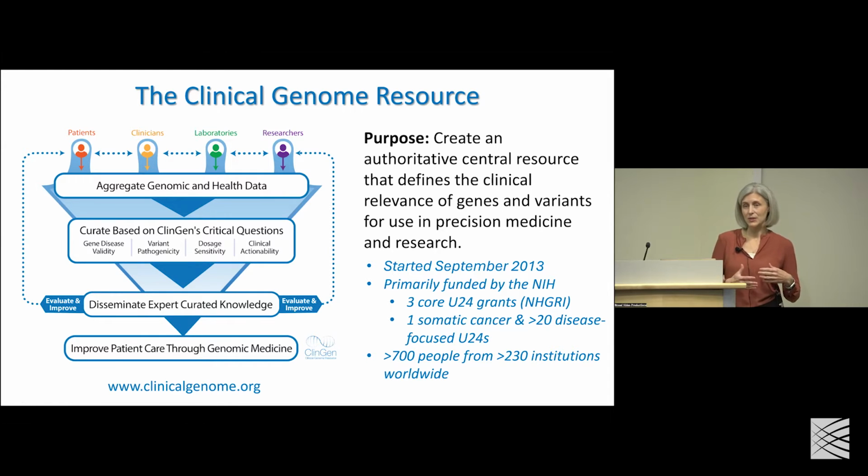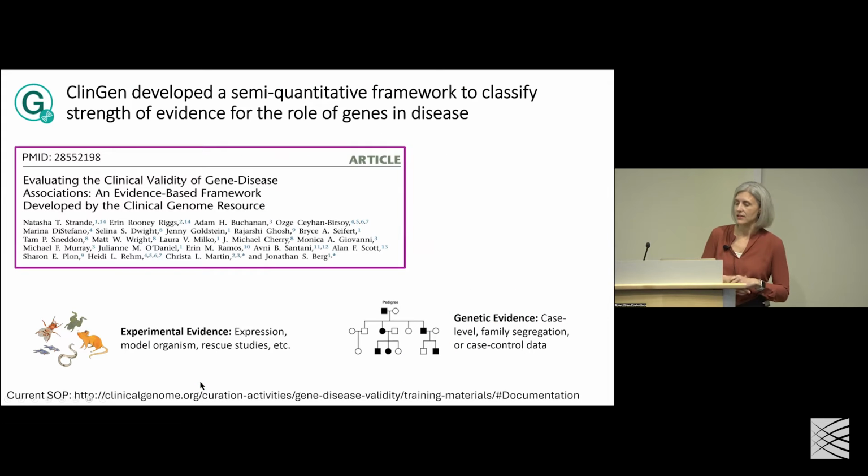And in addition to doing a massive amount of curation work in these 4 categories, they are also committed to disseminating their knowledge broadly and freely to the community. So you will see many examples of really critical Clingen developed resources that we use in both gene and variant classification.